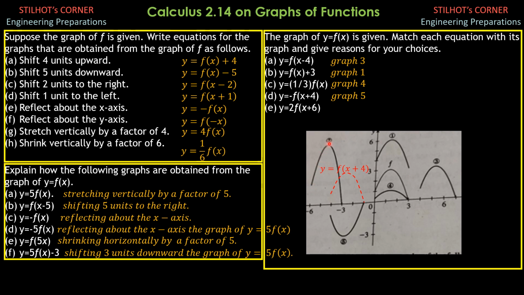And the height from 3 times 2, that's why the peak here is 6. So therefore, this y equals 2 times f of x plus 6 matches with graph number 2. So this is supposedly y equals 2 times f of x, then shifting it to the left 6 units, this is the graph now. That's why it is graph number 2.